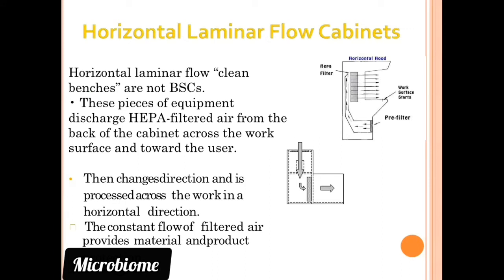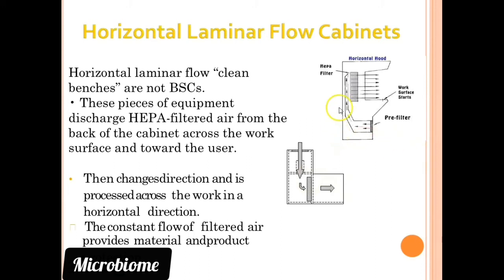Horizontal laminar flow clean benches are not BSCs. These pieces of equipment discharge HEPA filtered air from the back of the cabinet across the work surface and towards the user. The air then changes direction and is processed across the work in a horizontal direction. The constant flow of filtered air provides material and product protection.